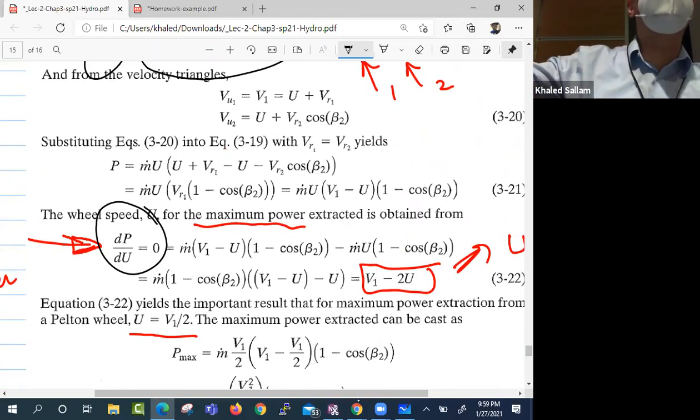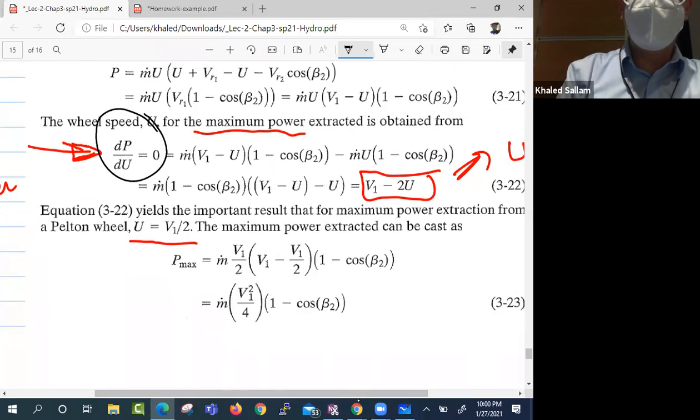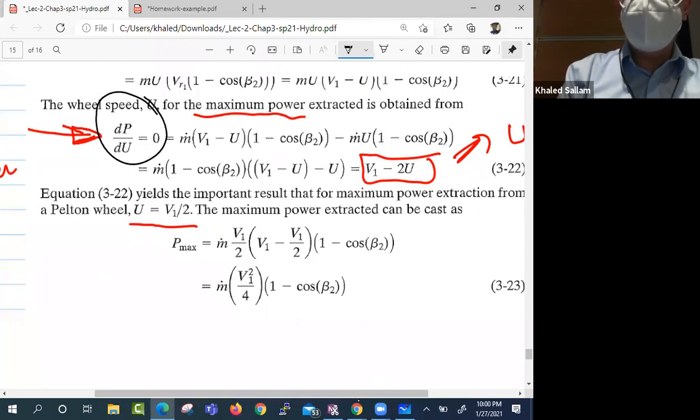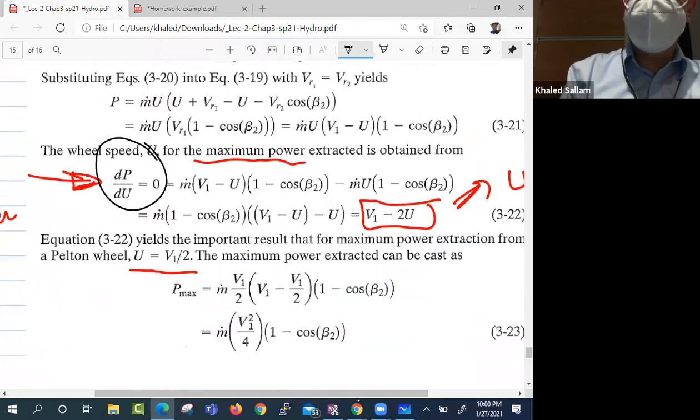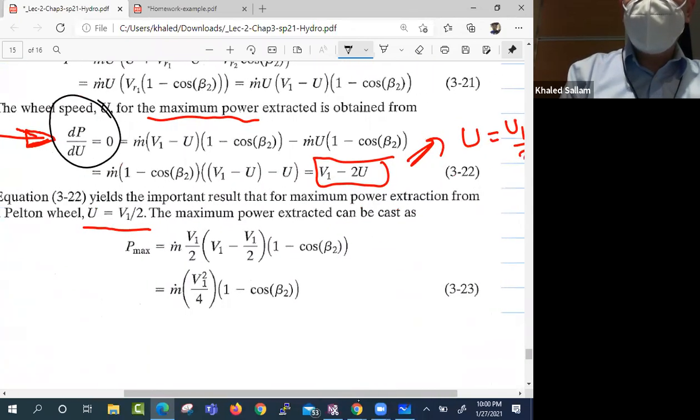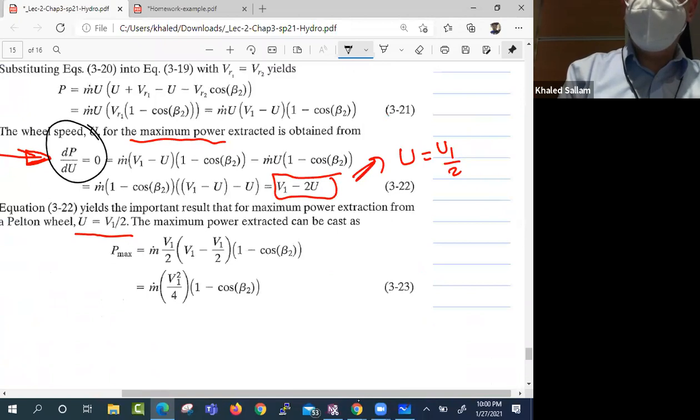Anytime you have a relation between a variable and something else, and you want to get the maximum or the minimum, you do this. You say d power by dU, the factor that you're playing with, equal to 0. And so he figured out that the maximum power can be achieved when U is, surprise, surprise, V1 over 2.